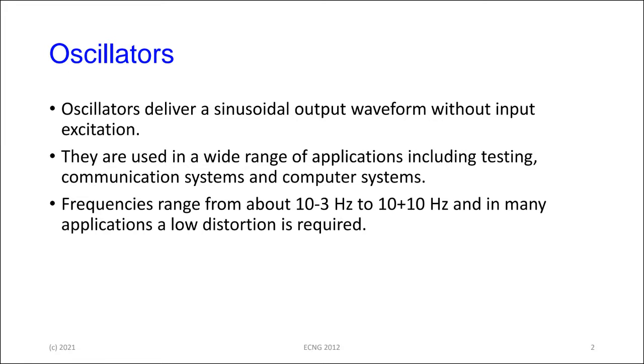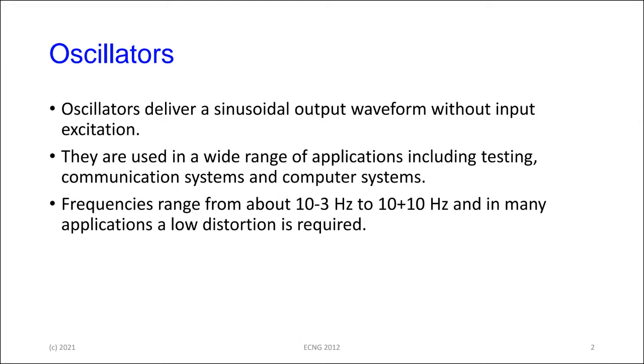With oscillators, typically you get frequencies that range from sub-hertz, which are fractions of a hertz, very slowly varying signals, to extremely high, in the high gigahertz range. And in many applications, you require low distortion. Distortion means that if you have an oscillator producing a particular frequency sinusoid, that is the only frequency it is producing and nothing else.